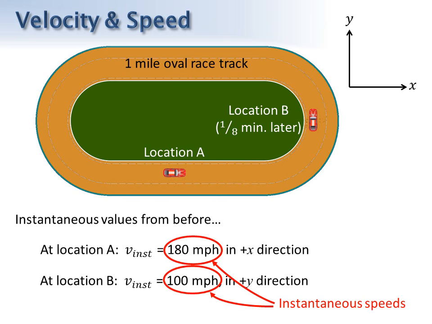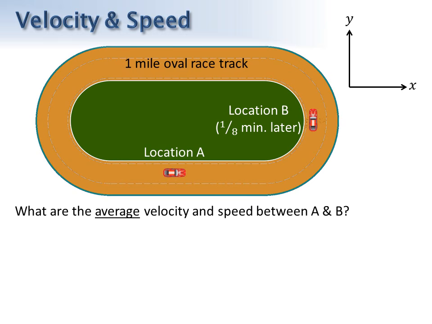And these numbers are the instantaneous speeds, so it's just the magnitudes of the velocities. So now let's calculate the average values between positions A and B. Note, by the way, that an average is always between two instances in time, or these two locations A and B, as opposed to the instantaneous values, which are at location A or B, or at any particular location, or at an instant in time.